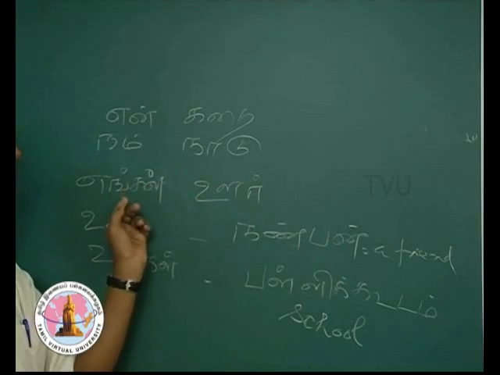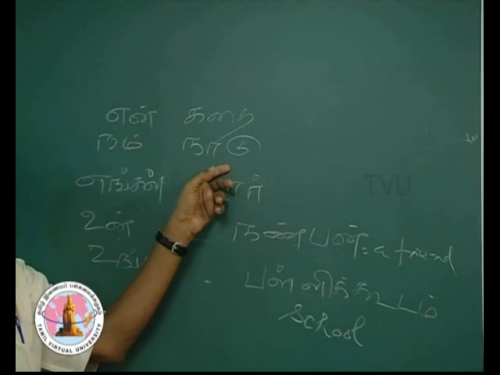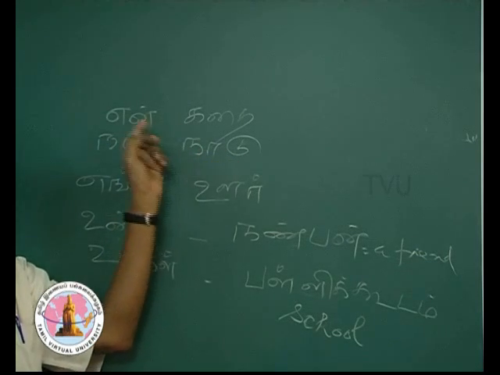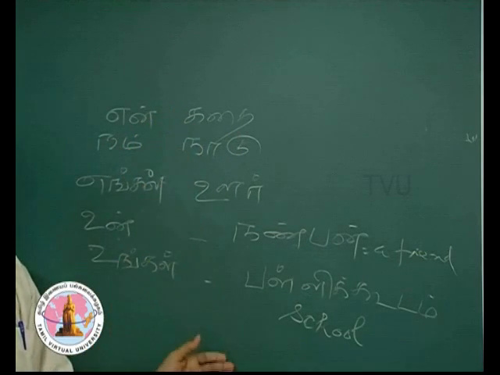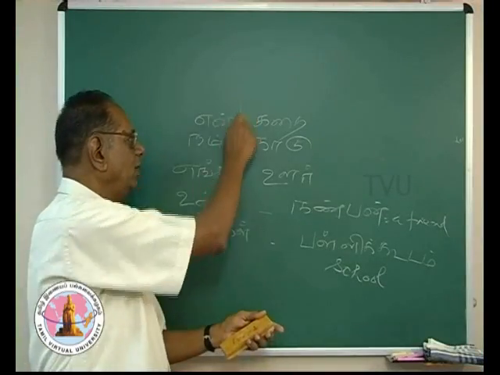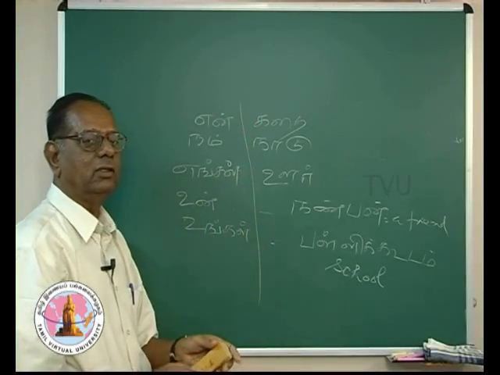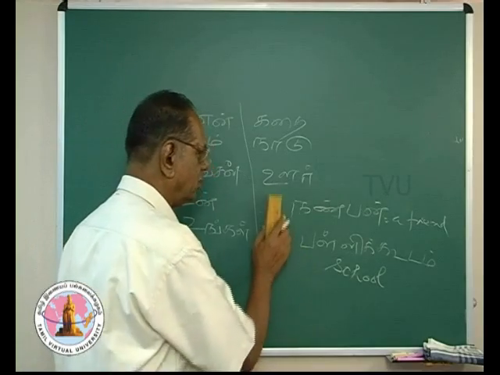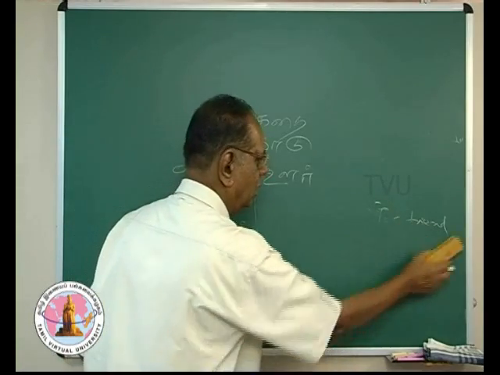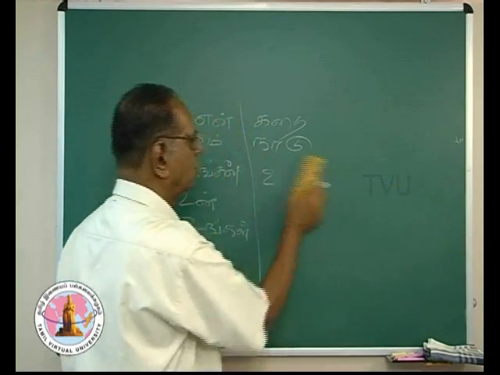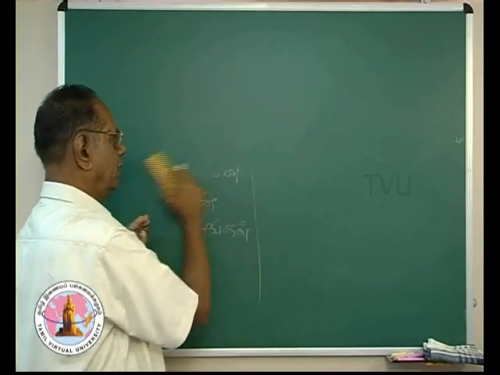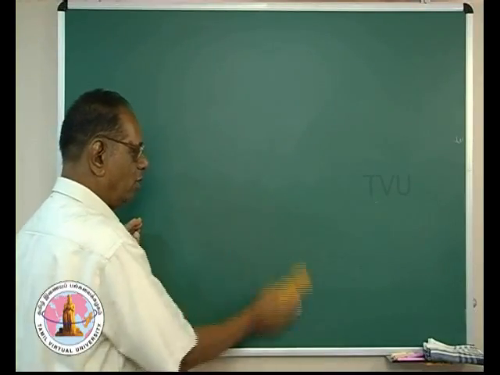Engal Oor, our town. Nam Nadu, our country. En Kadai, my story. So, these basic forms themselves serve the purpose of the genitive case, even in the absence of the case marker. This is one thing you have to remember.